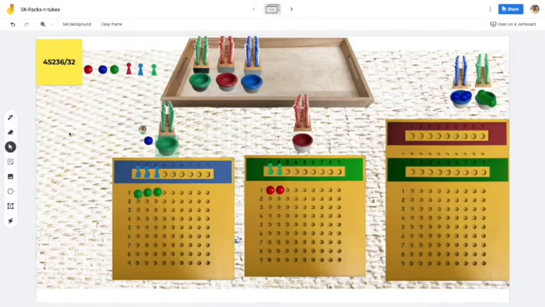Oh, we don't have any thousands now. So we have 10,000. So let us change it to 10 beads of thousands.